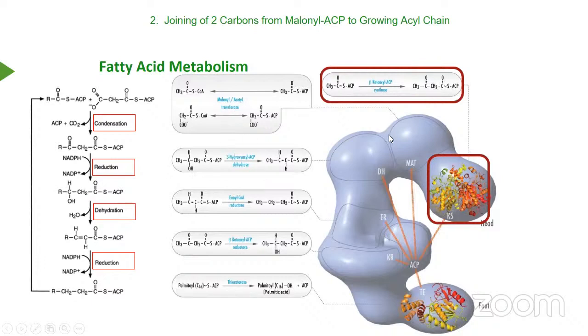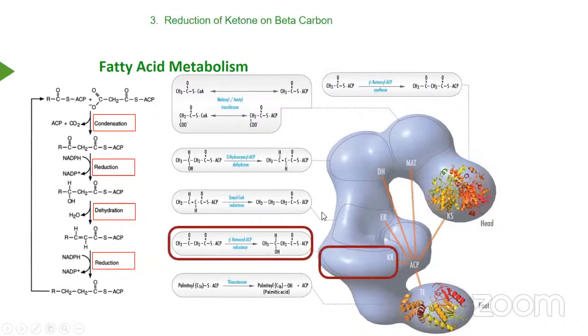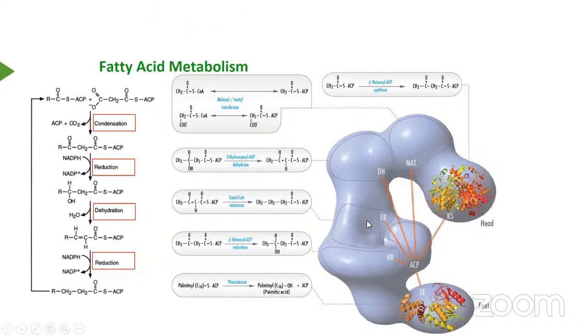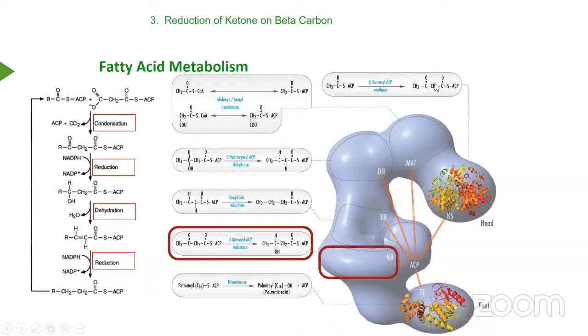Okay, so once it is there, now this can be easily hydrated. This hydration reaction will be carried out by this. Okay, so this can be easily reduced. After reduction, this will produce an alcohol. You see here, this will be reduced.